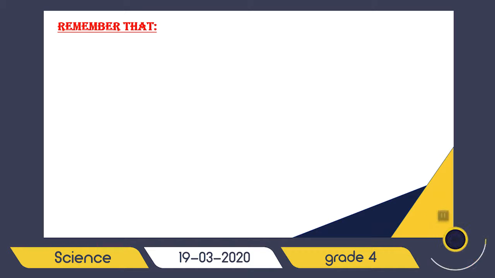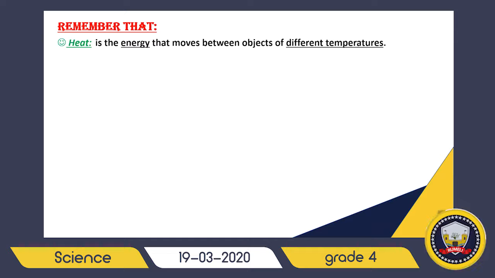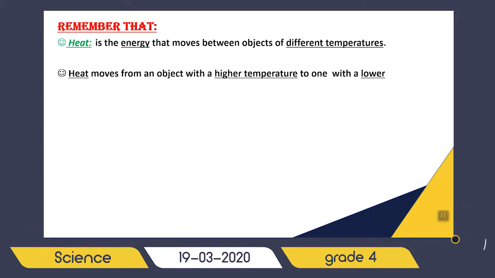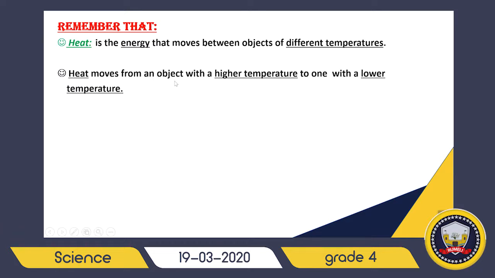What is heat? Heat is the energy that moves between objects of different temperatures, as we have said before. Again, heat is a form of energy that moves between objects of different temperature, which means heat moves from the object of higher temperature to the one with lower temperature.